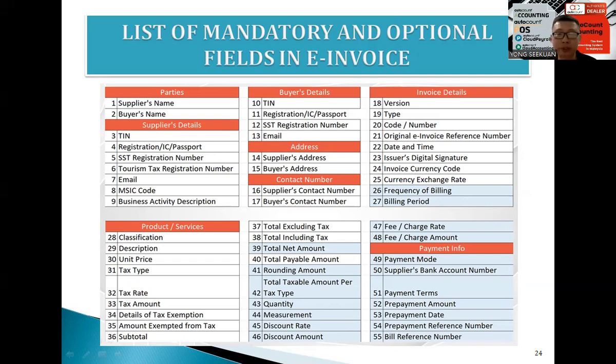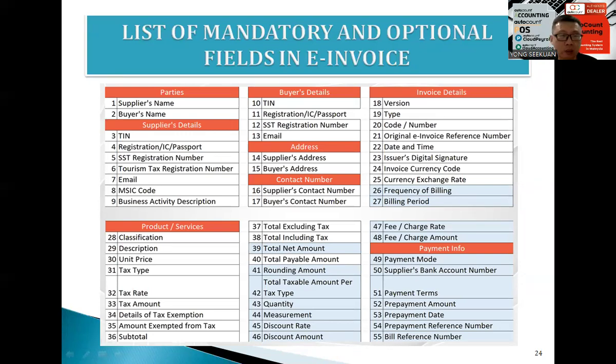Basically, they will reject your invoice as invalid, not validated. You will see in the white columns, all of these are mandatory fields, meaning compulsory to fill in. Some columns are blue. Those are optional fields in the invoice, meaning you don't need to fill them in.